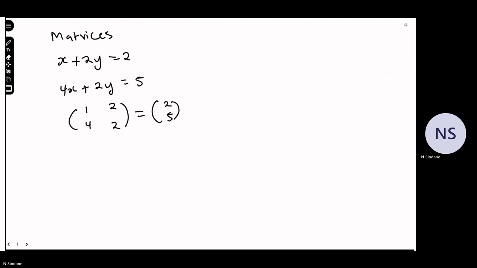So there are very few definitions in matrices, or very few things that you need to know. The first thing, the number within a matrix is called an array, right?